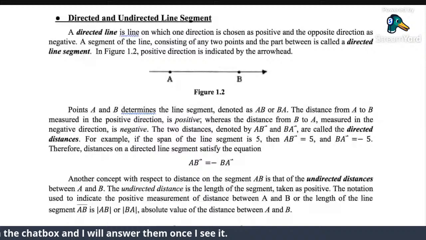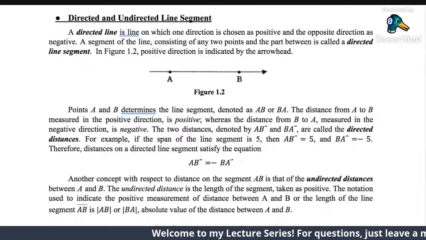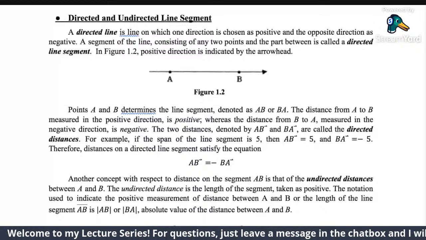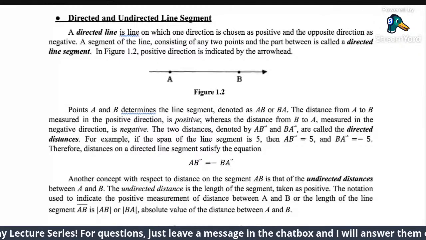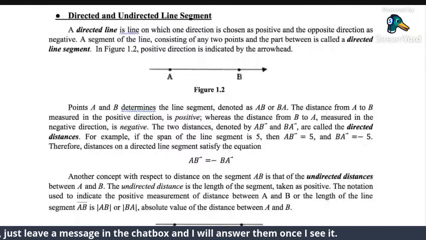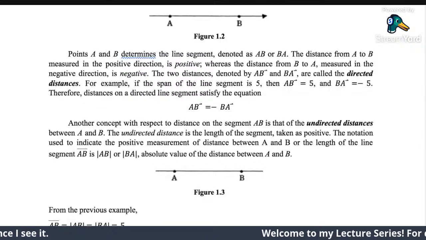If it's negative, it means that the line segment goes to the left. If it's positive, it means that it goes to the right. That's why we call them directed distance. I hope that's clear to you. For example, if AB in our example is equal to positive 5, we know that the direction goes to the right.